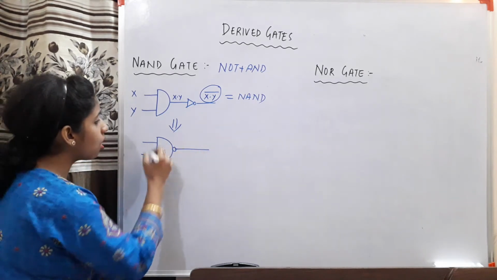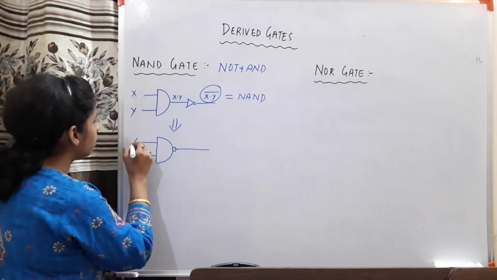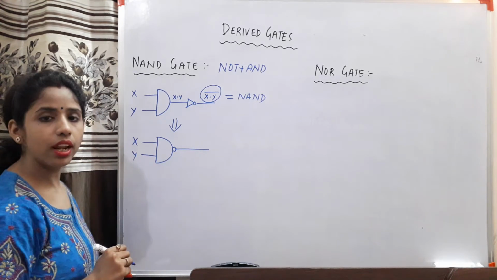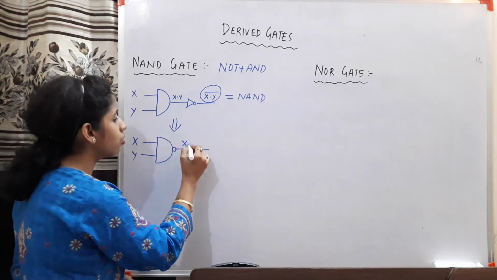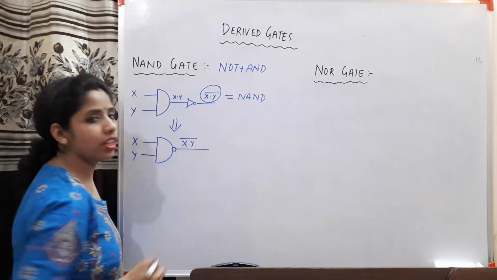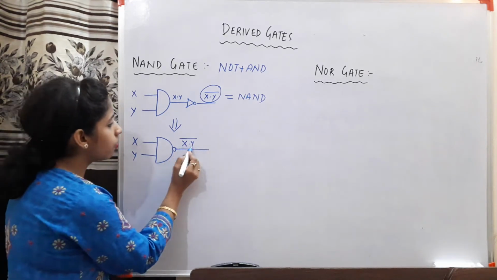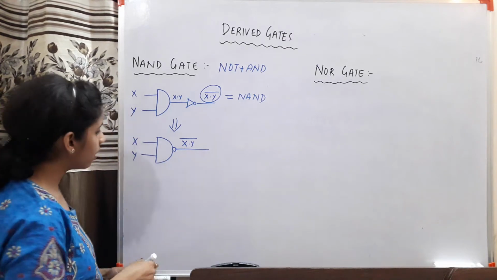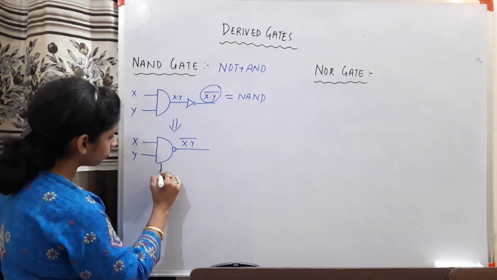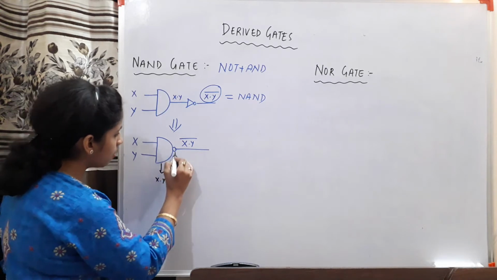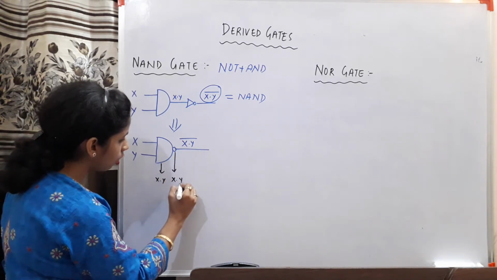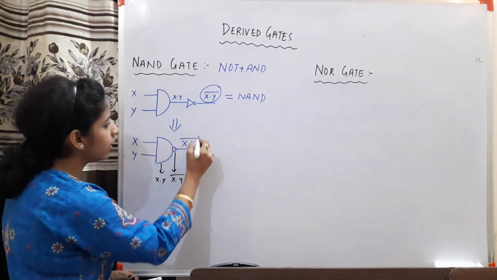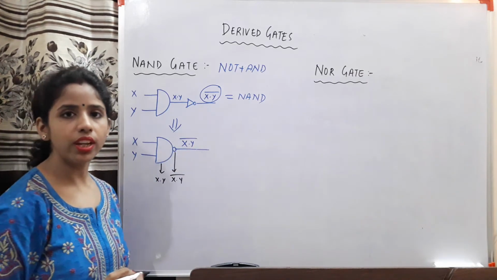So if you draw a gate of this sort and provide the inputs as X and Y, it will straight away give you the value of X dot Y whole bar. X dot Y will be done by this portion, and this bubble will do a NOT of it. So that is why you finally get the output as X dot Y whole bar.